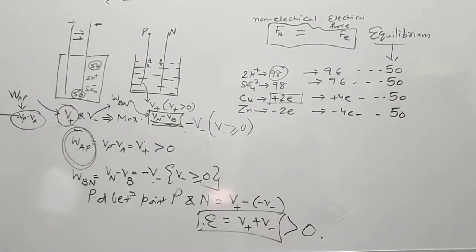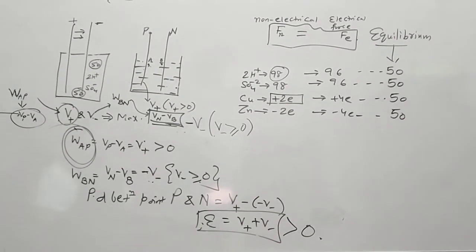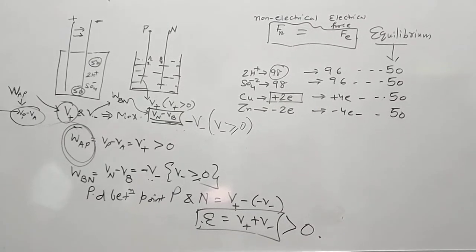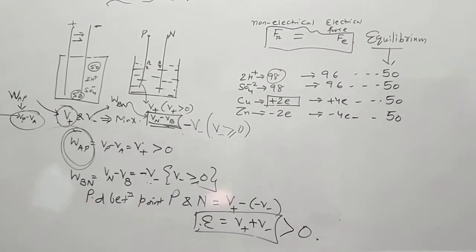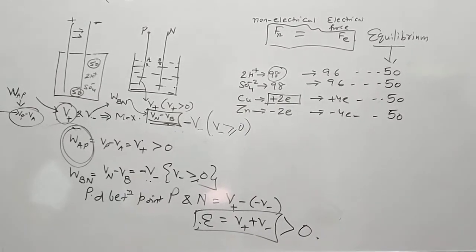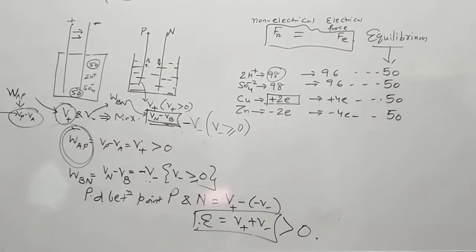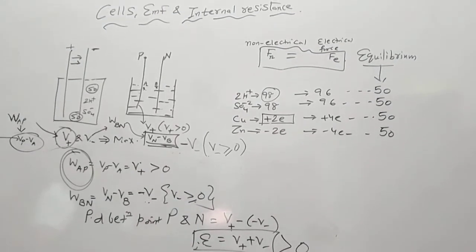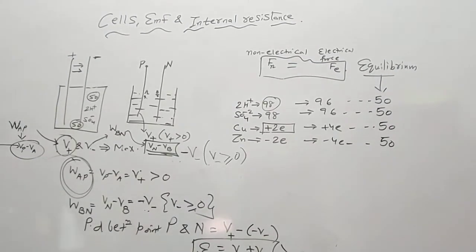So this is the potential difference between the two electrodes of the cell when no current is drawn. When no current is drawn, this becomes a potential difference, and we call it the EMF of the cell. So the EMF of the cell is the potential difference when no current is drawn.